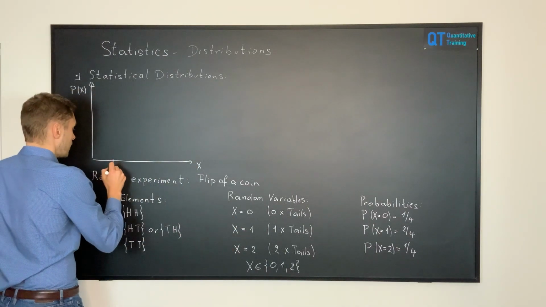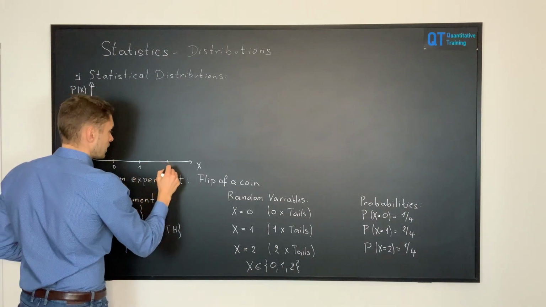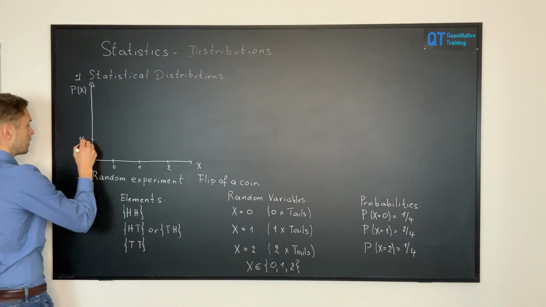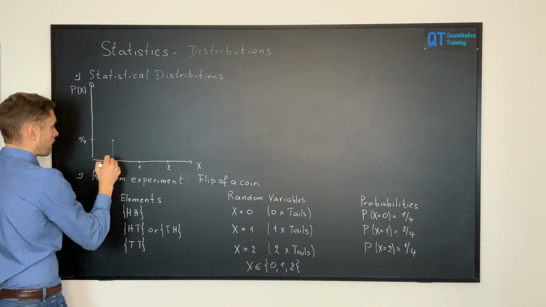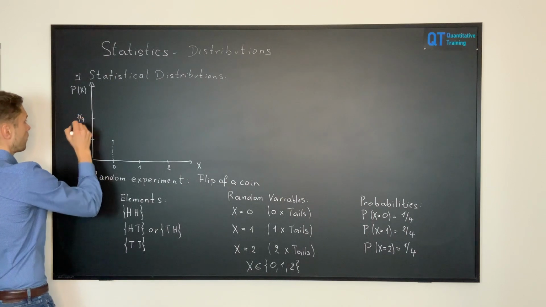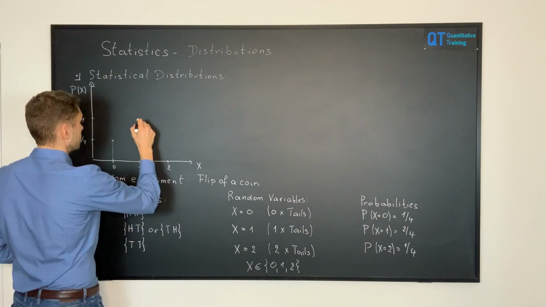So 0 is somewhere here, 1 is somewhere here, and 2 is somewhere here. And then the associated probabilities: we have 1/4 for x equals 0, so we are here. Then we have 2/4 for x equals 1, so we are somewhere here.